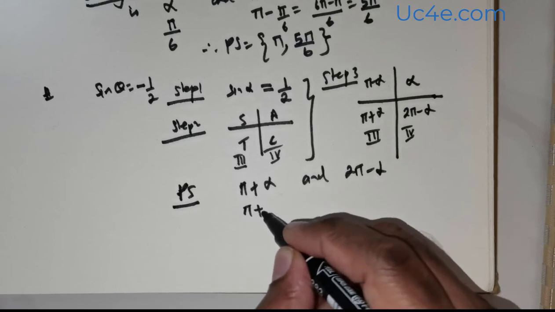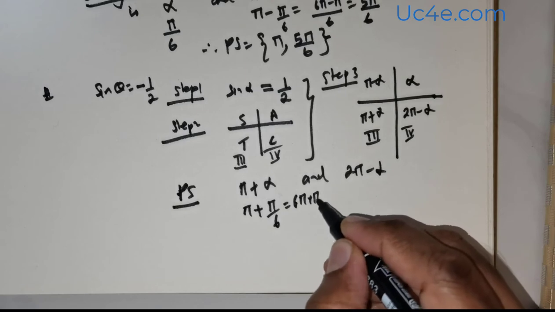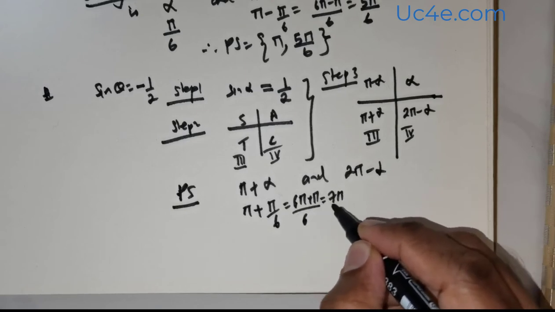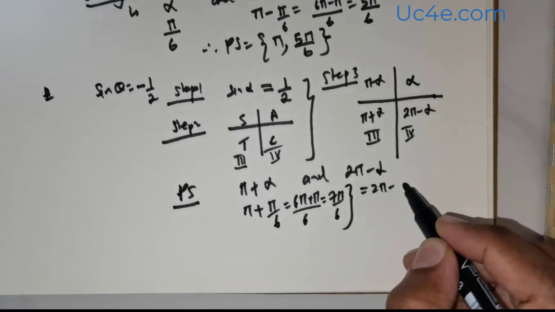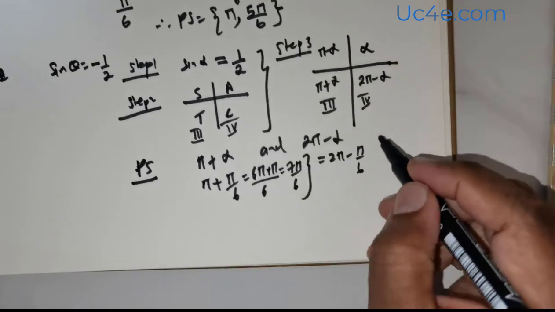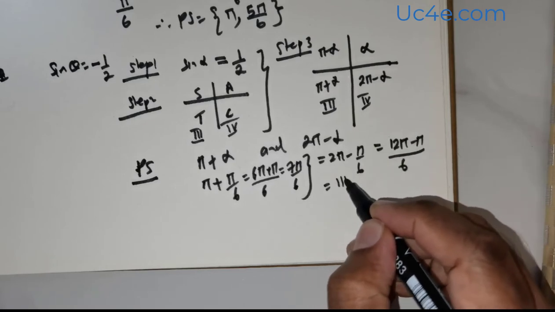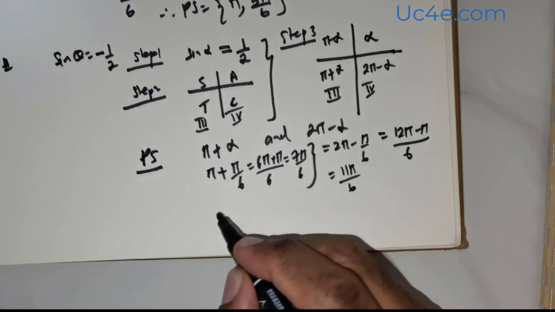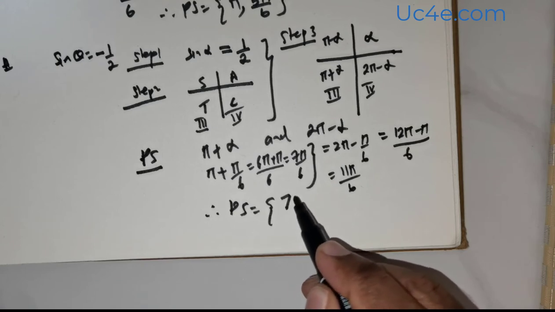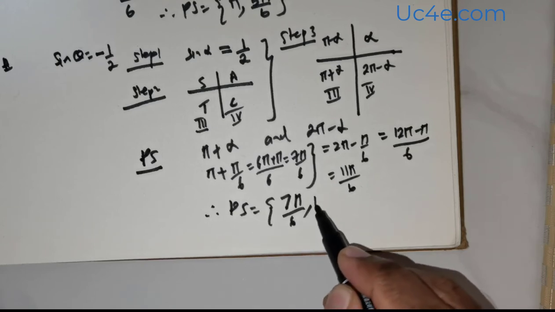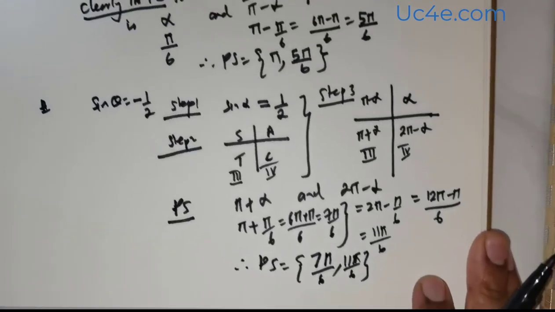So this is going to be pi plus pi over 6, which is nothing but 6 pi plus pi over 6, which is equal to 7 pi over 6. Now for this, it's going to be 2 pi minus pi over 6, which is equal to 12 pi minus pi over 6, which is equal to 11 pi over 6. So therefore, the principal solution is going to be 7 pi over 6, 11 pi over 6. So that is the solution, students.